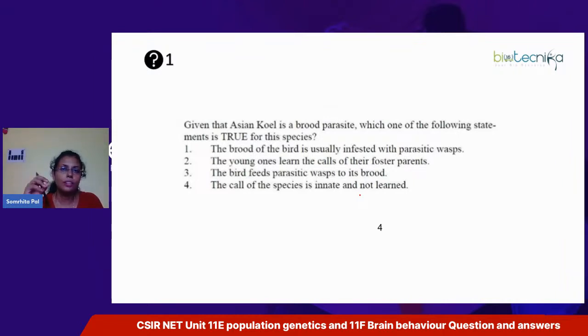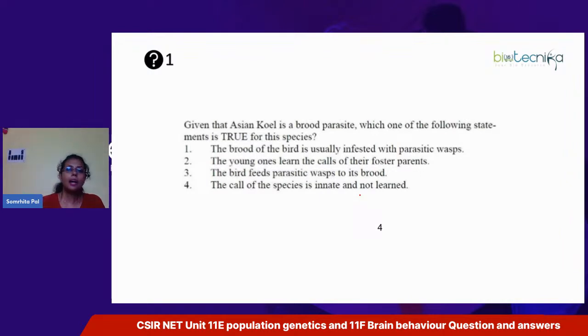So whether they are going to learn the song or the sound of the crow or the mynas, but the thing is that they don't learn it. Have you ever heard a quail crowing? No, right? Or making sound like that of the mynas? No, right? The quail, they sing.